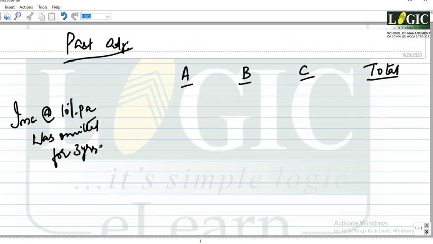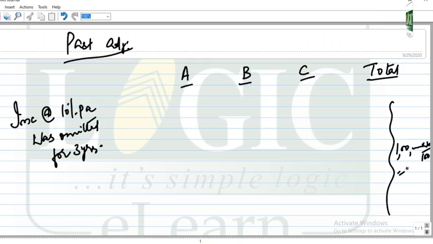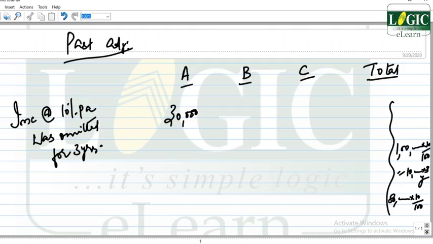So, what was the interest amount? Upon 1 lakh, 10% for 3 years, it will be 30,000. 1 lakh into 10 by 100 is 10,000, into 3 years is equal to 30,000. Then 80,000 is the capital, into 10 by 100, so 8,000, for 3 years it is 24,000.